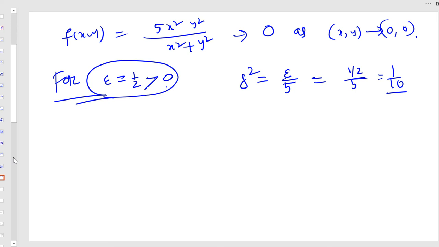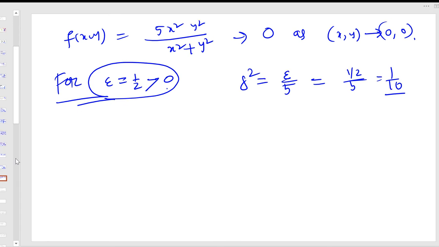But if you try to look at (0, 0), let me just show you the graph of this function.